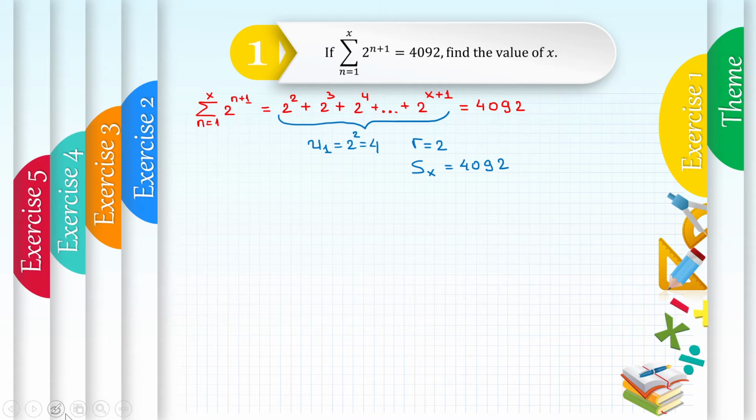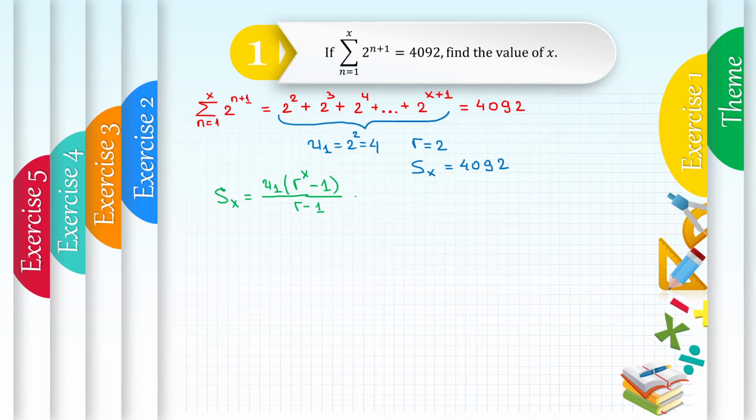As we know, the formula for the sum of the first x terms of the geometric sequence is equal to u sub 1, the first term of the geometric sequence, times r to power x minus 1 over r minus 1, where r is the common ratio.